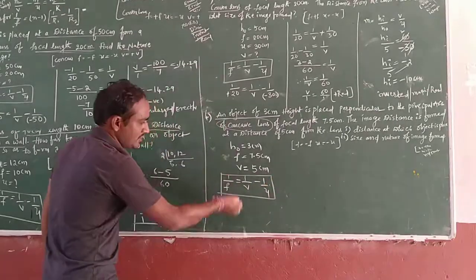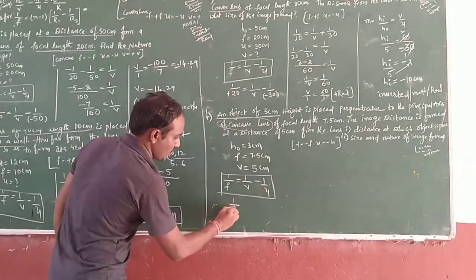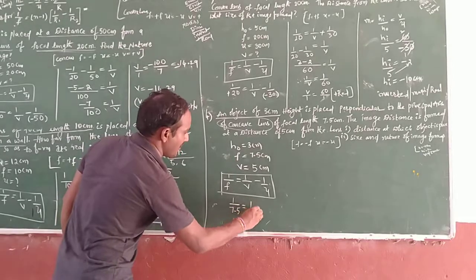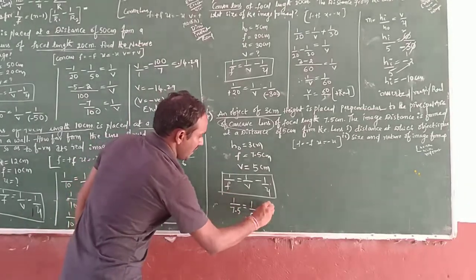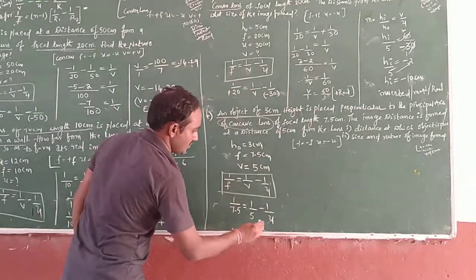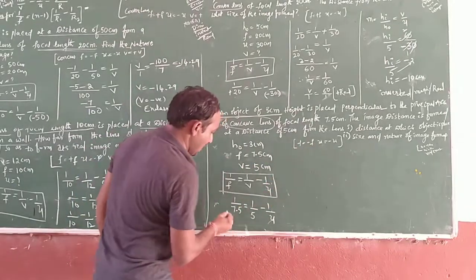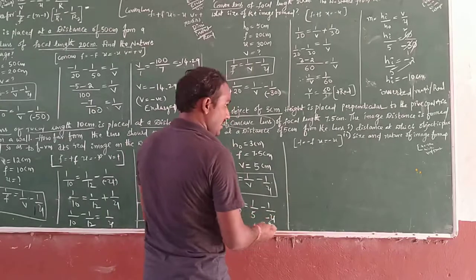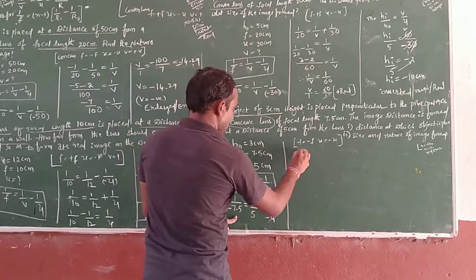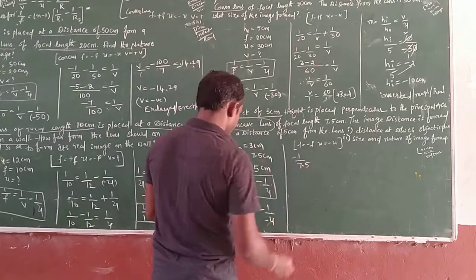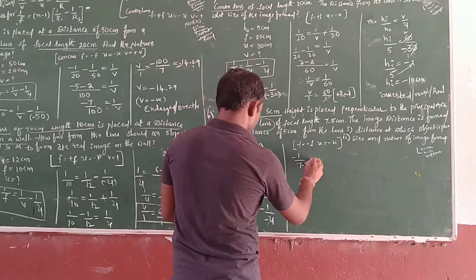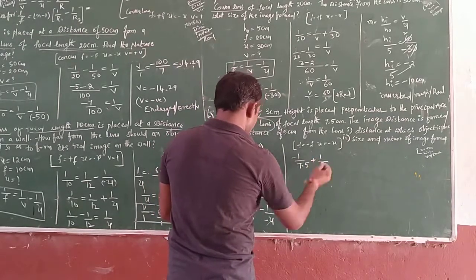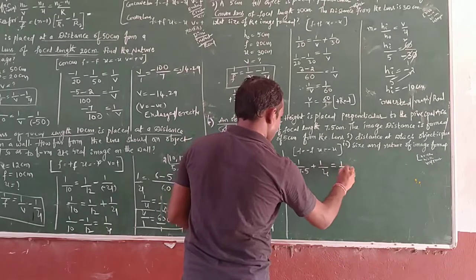So we apply these values: 1 by f, minus 1 by 7.5, is equal to 1 by 5 minus 1 by u. According to sign, minus and minus, so we write minus 1 by 7.5 plus 1 by u is equal to 1 by 5.